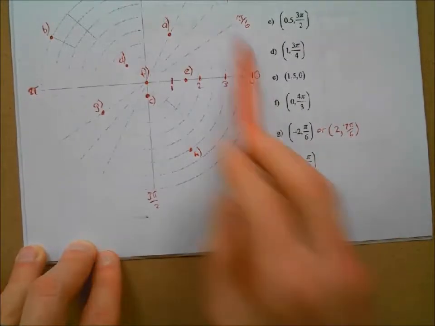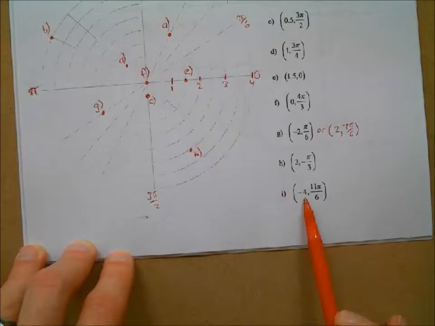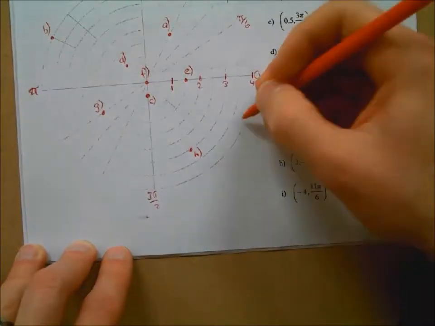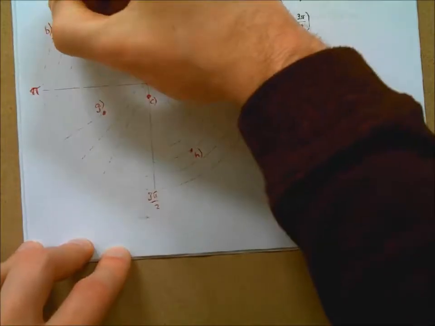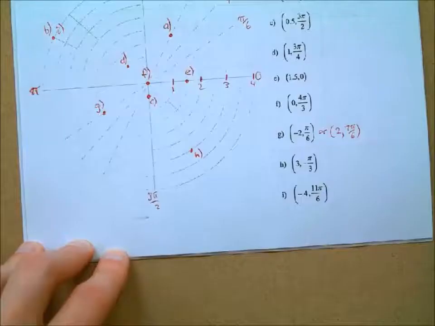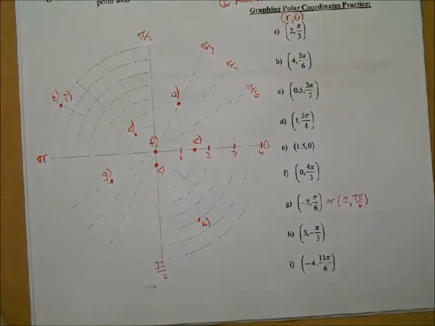We'll go all the way around here to there. Okay, 11 pi over 6 is this ray. We're going to go -4, so we'll go 4 in the opposite direction, which is back out to, oh, it's the same as point B. Okay. So there it is. Questions on any of that? All good? Okay. So let's turn the page here.